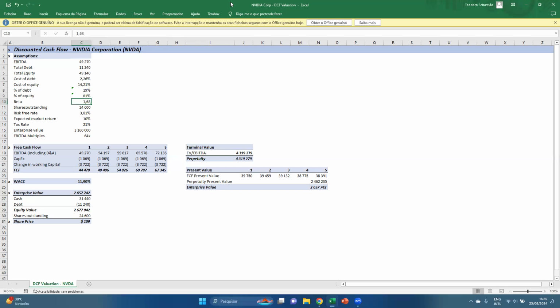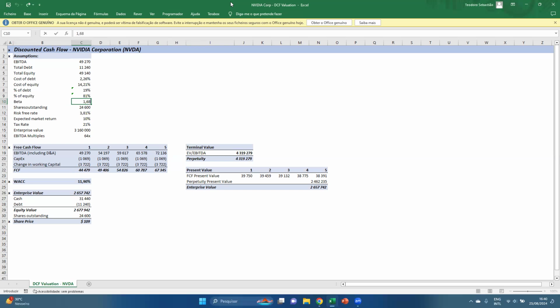The beta, how can I say it? I mean, we have the market movement.